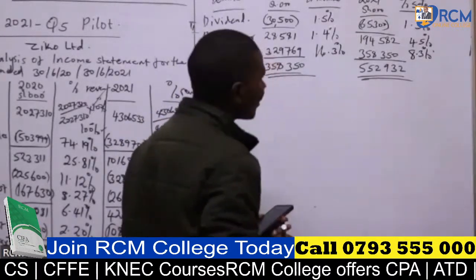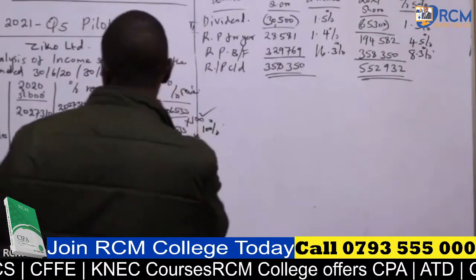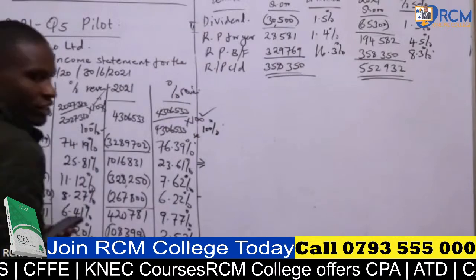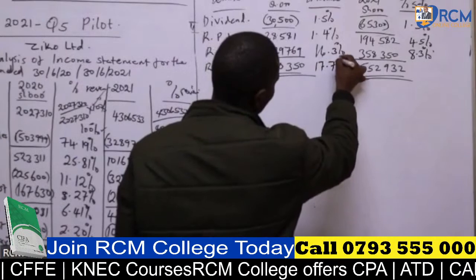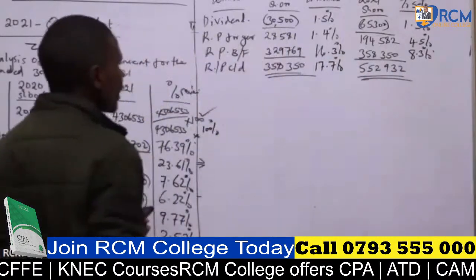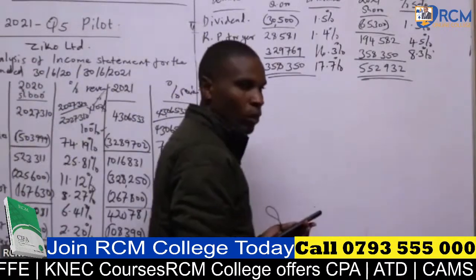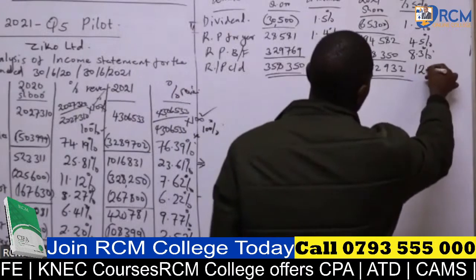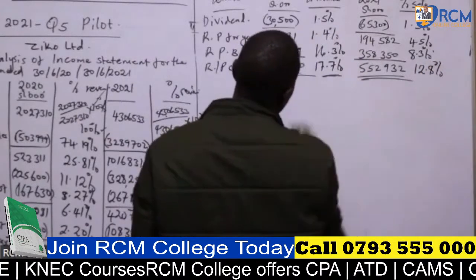Tumalizie tu. 350 divided by our revenue is 27,310, then 17.7%. 8.7%. And then the last one, 552,932 divided by 4,306,533. Kwa ngapi? 12.8%.